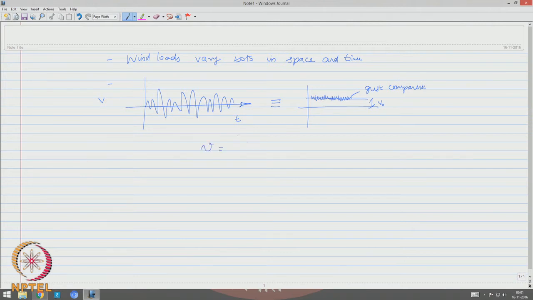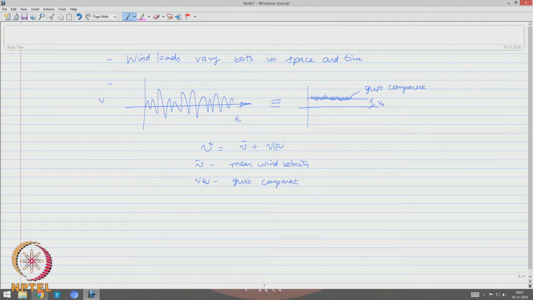Therefore, V can be said as V bar plus V of t, where V bar is the mean wind velocity and V of t is the gust component.